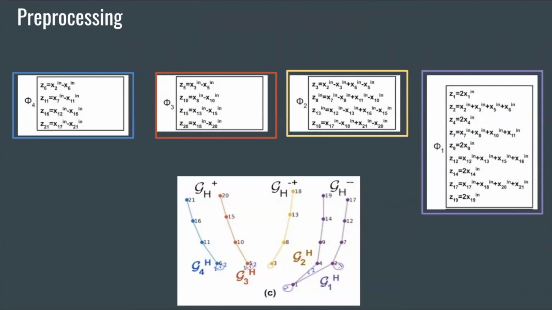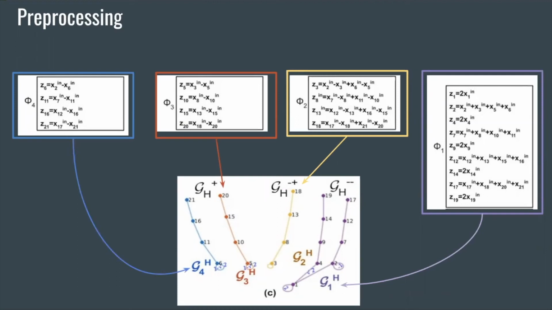So this will be captured by the sum of the signal, which is this first one, phi 1, and the differences or relative motion will be captured by phi 2, phi 3, and phi 4. Now this phi 1 will be processed by the first graph, the purple graph. Phi 2 will be used as input for G2, phi 3 for G3, and phi 4 for G4.